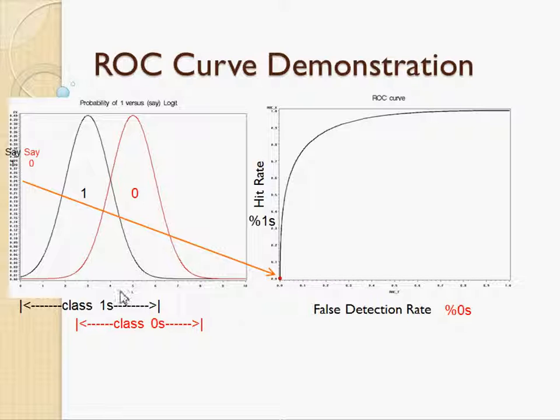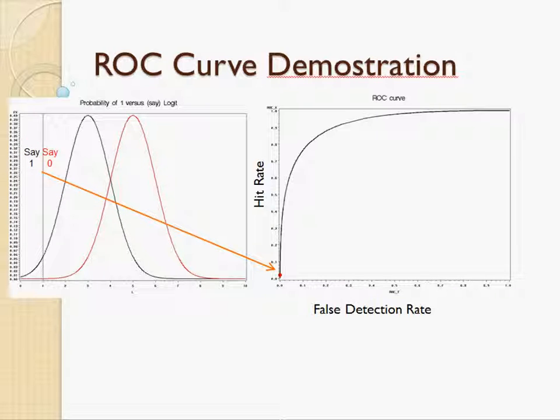So when we place the threshold all the way to the left, as shown in the left figure, the corresponding point is around 1% for hit rate and almost 0% for false detection rate. So if you mark the point in the ROC curve, the point should be here. If you increase the threshold toward the right a little bit more, then the corresponding point on the ROC curve is moving upward along the curve.